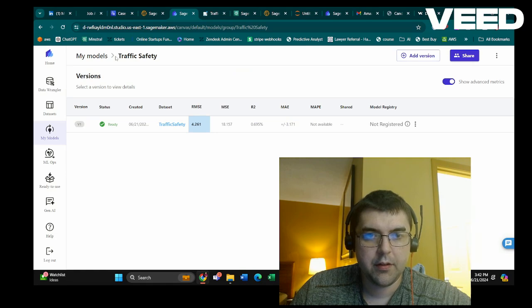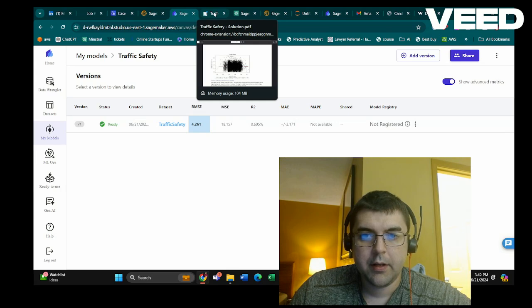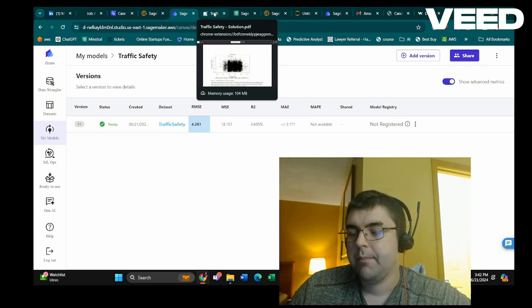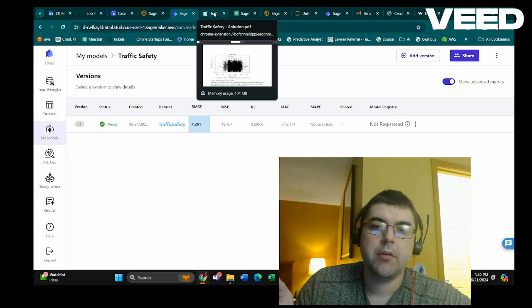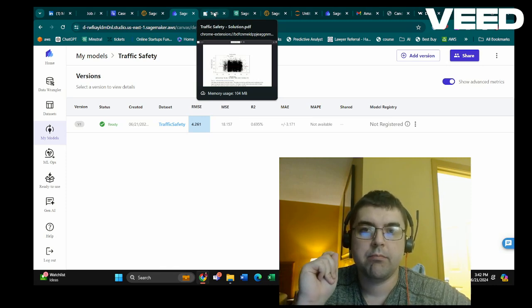So here you can see the metric, right? Root mean squared error is 4.261, right? And that means the square root of the sum of the predicted values minus the actual values, squared.